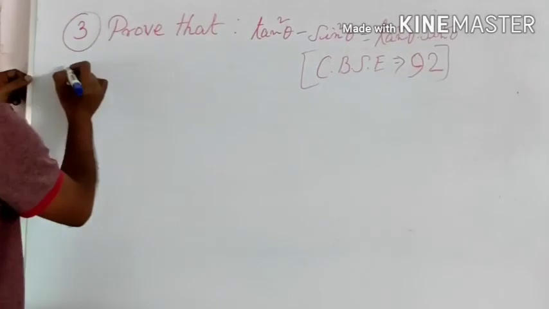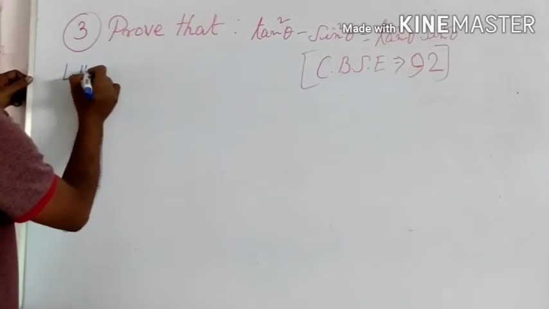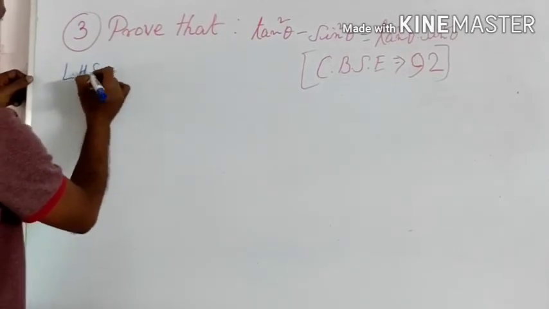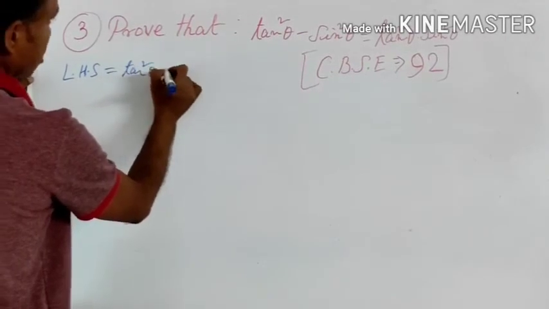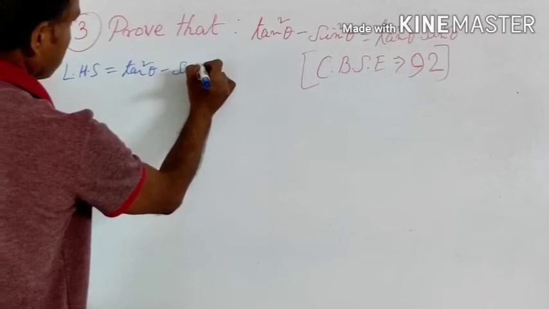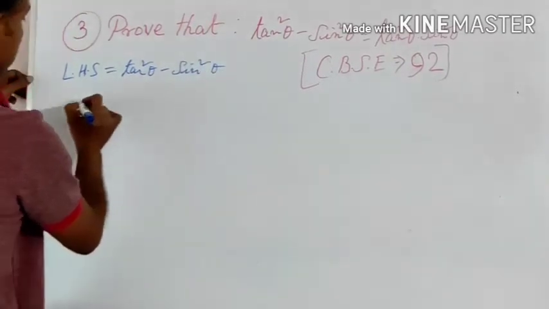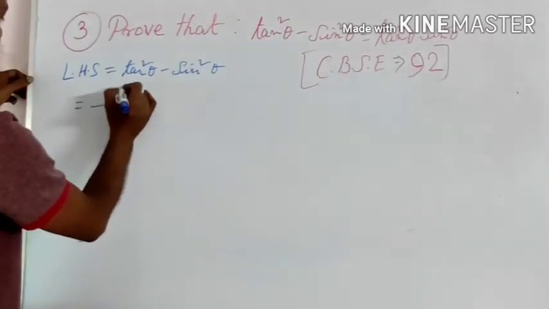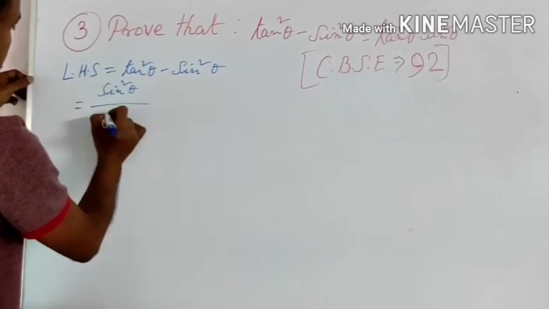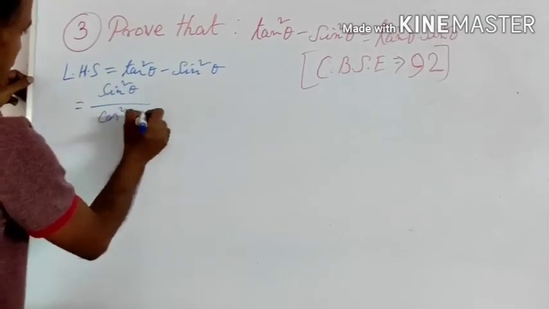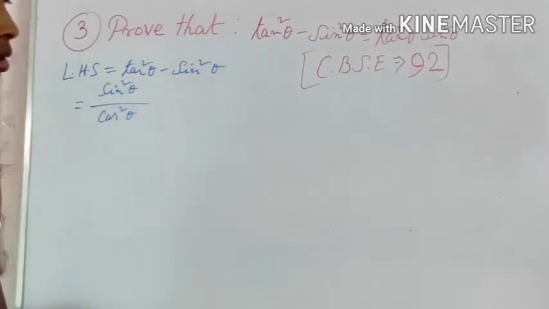Here the left hand side is tan square theta minus sin square theta. We know that tan square theta is equal to sin square theta by cos square theta.